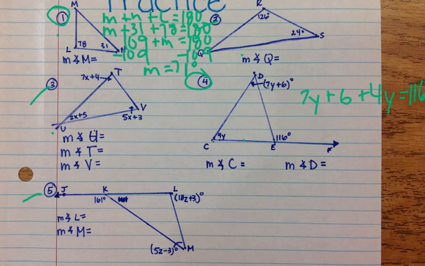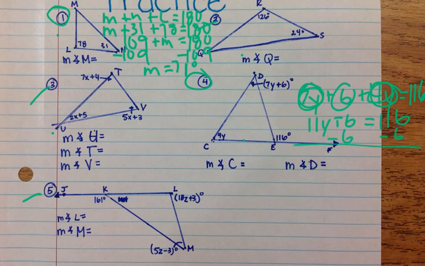Okay, so now my next step is to combine like terms. I have 7y and 4y, and I just have 6 by itself. So 7y and 4y can go together to make 11y plus 6 equals 116. Then I'm going to subtract 6 from both sides to solve for y. And I'm going to get 11y equals 110. I'm going to divide by 11.